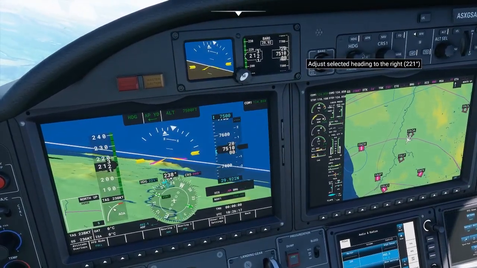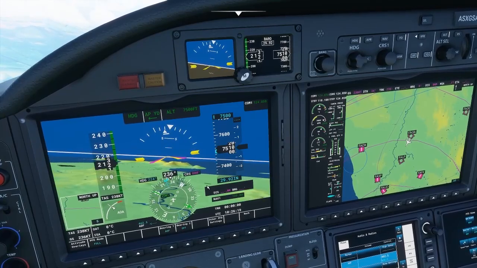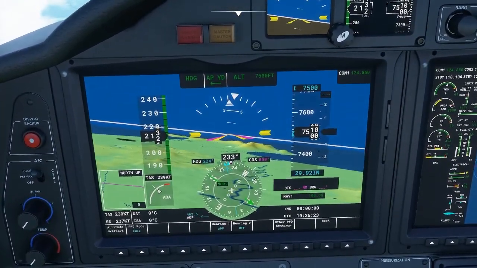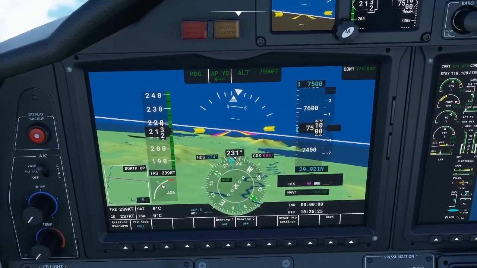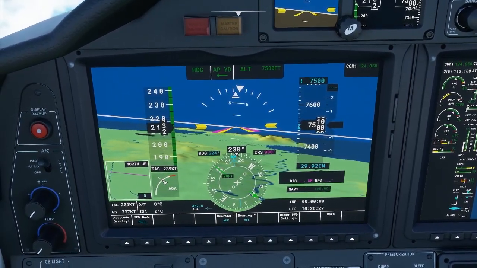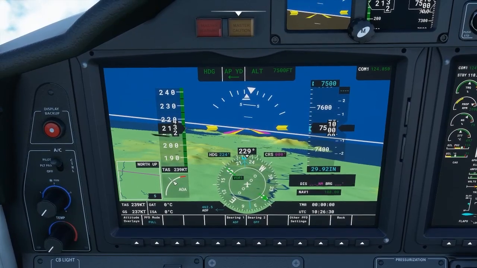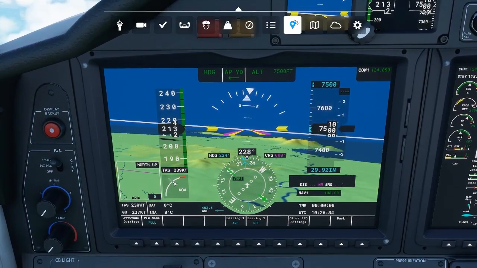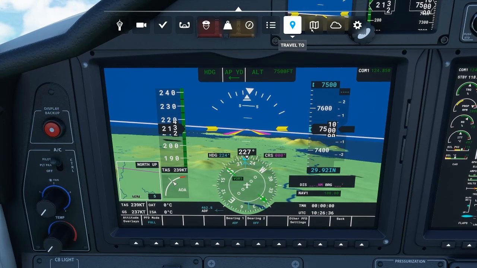Right, so let's correct that a little bit, and we do have some wind, so let's see what happens. We're going to point straight towards it, and because there's a tiny bit of wind, what should happen is we should drift off. In fact, let's put the wind up a little bit higher here.